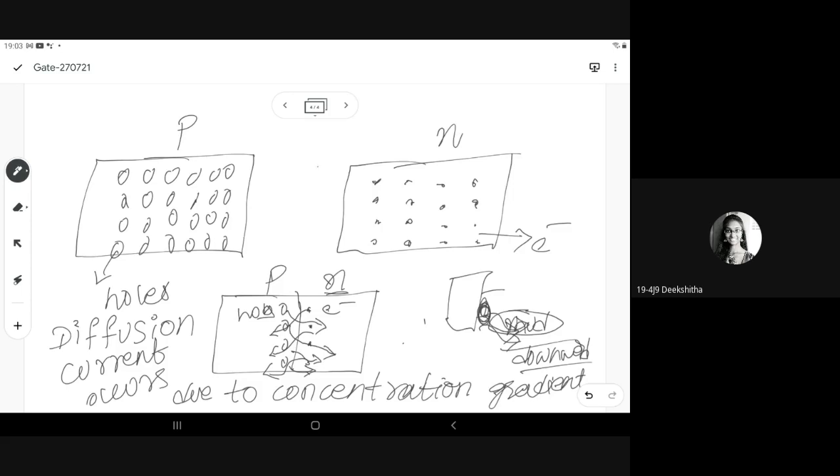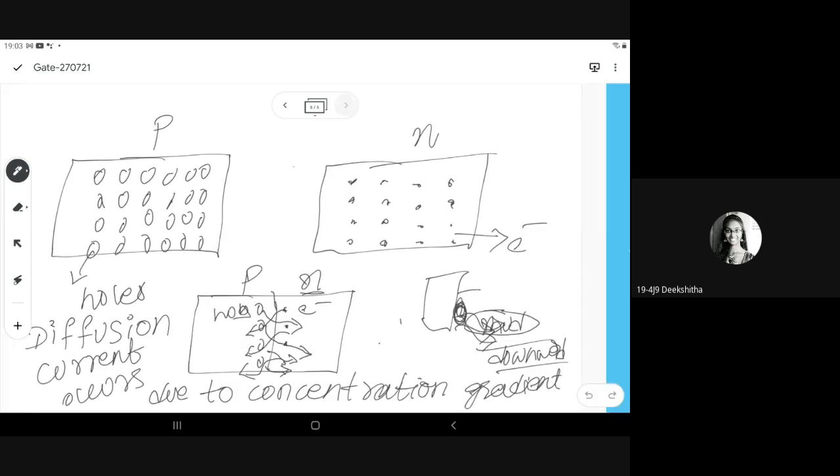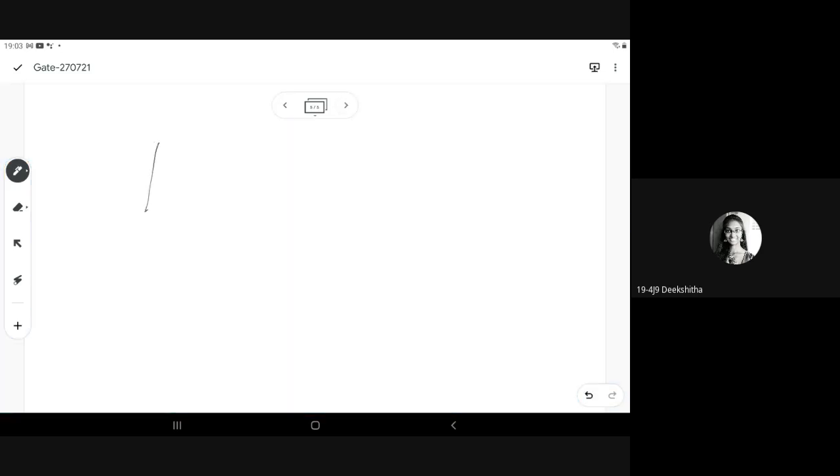So see here, on the p side, if you take p and n, this is P and this is N. Let this be distance X towards the N side, and this be distance X towards the P side.